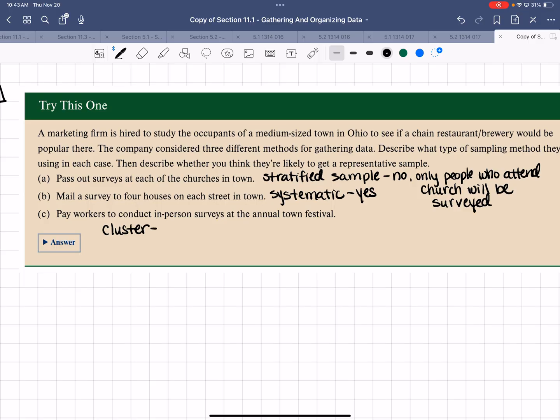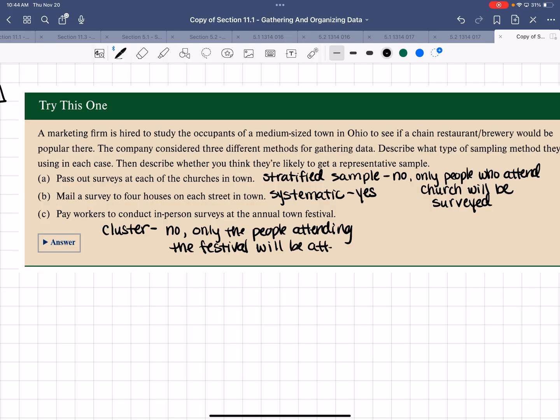Now, this response of whether it would be good or not was kind of in question. And the textbook says no, it's not a good sample because only the people attending the festival, the annual town festival, it's not a fair, it's a festival, will be attending.